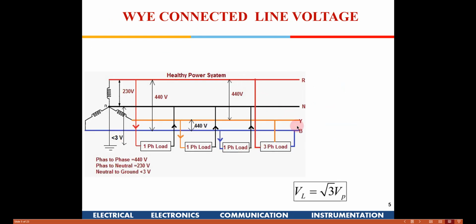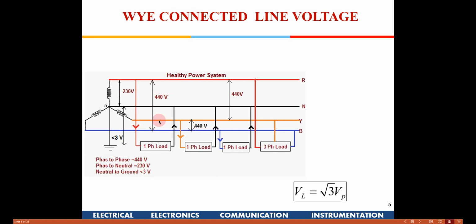So when you have a 4-line system, this is just a revision from the last class. If you have a 4-line system, then the voltage between each of these 3 phases, which are red, yellow and blue, and the neutral line will be 230 volts. This is what commercially we get in our houses, whereas the voltage between 2 lines will be 440.